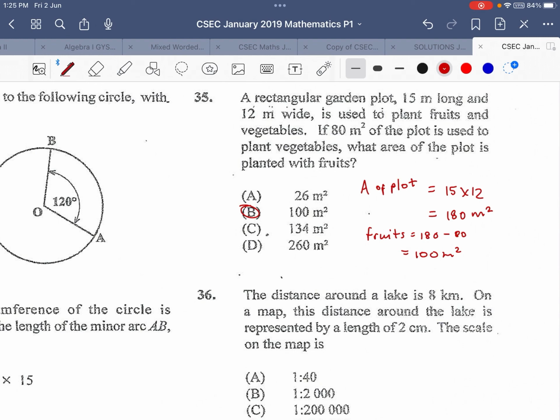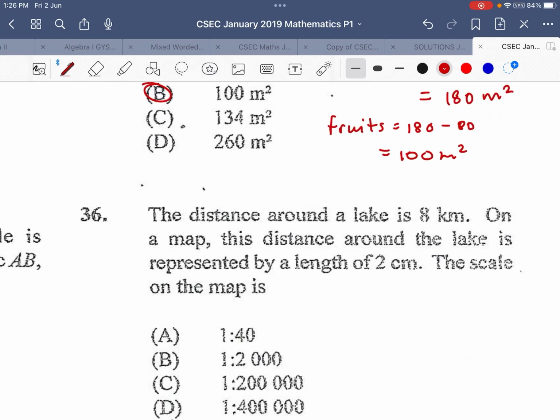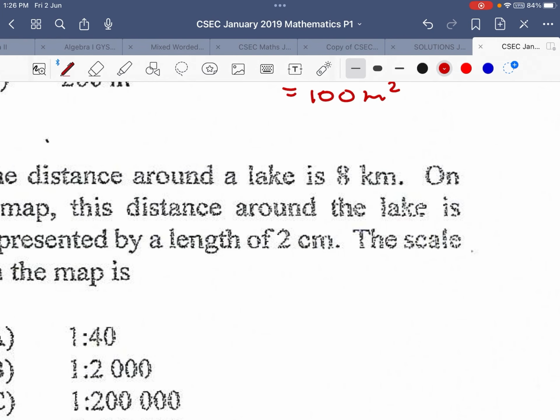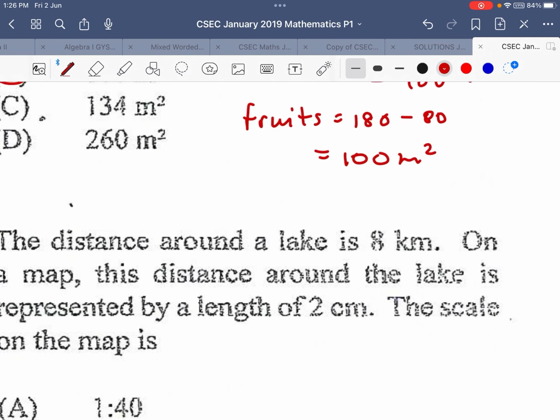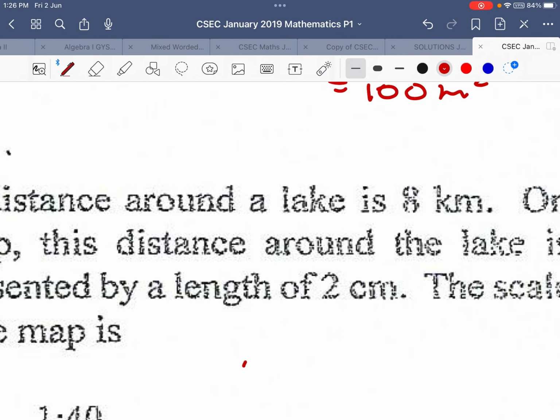Alright, number 36, the distance around a lake is 8 kilometers. On a map, this distance around the lake is represented by a length of 2 centimeters. Okay, so the 2 centimeters, in real life it's scaled, would be representing 8 kilometers. Right, so we need to get them in the same unit.